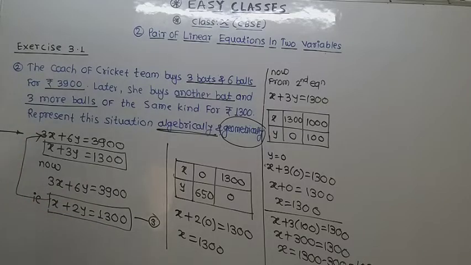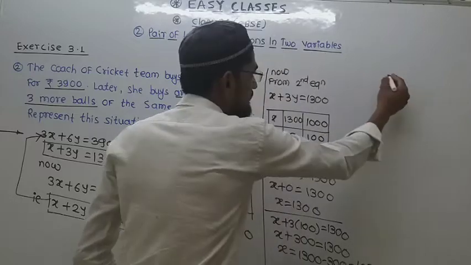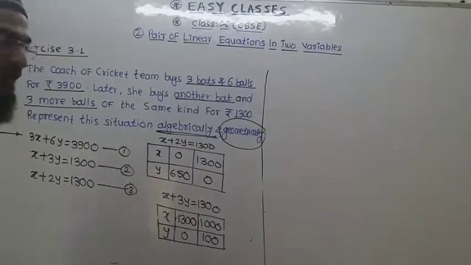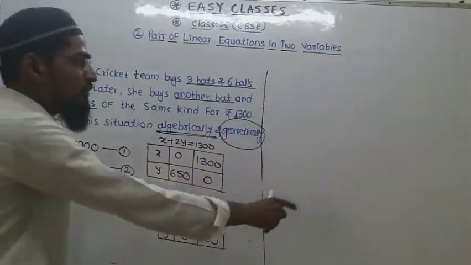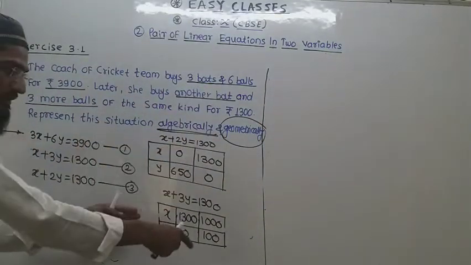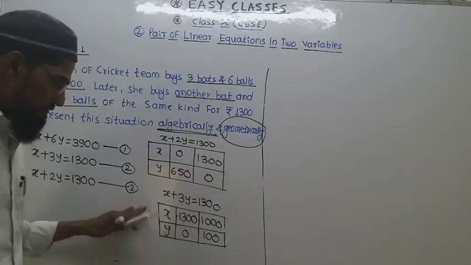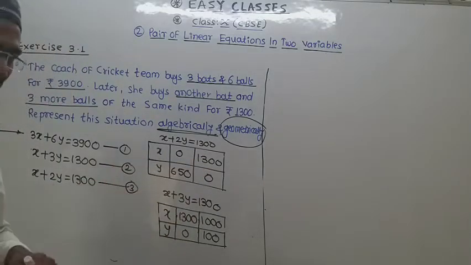Both are the same. Now, due to lack of space, I wrote the equations and tables which we want here. Now with the help of these two tables, we have to draw a graph.